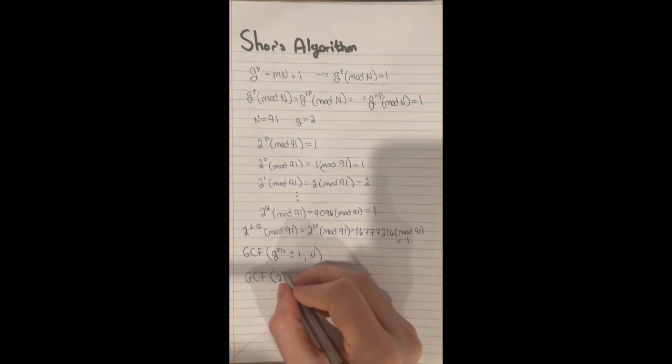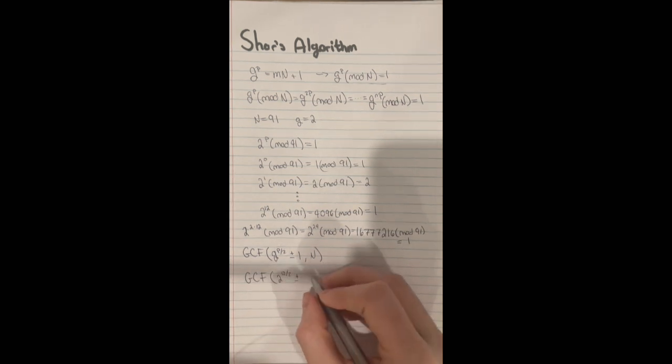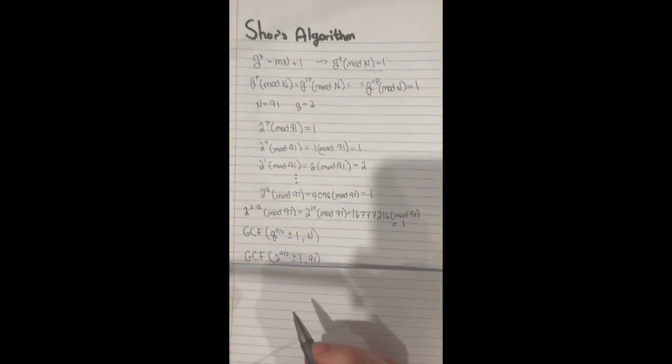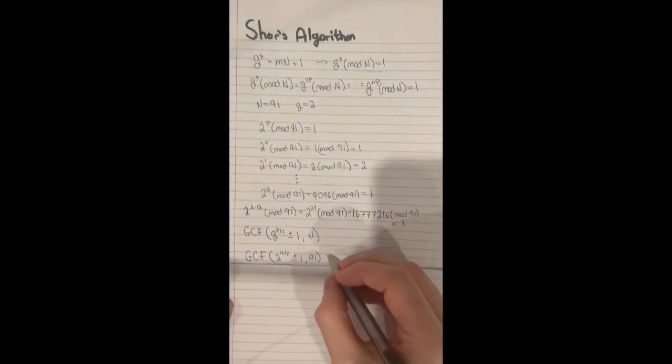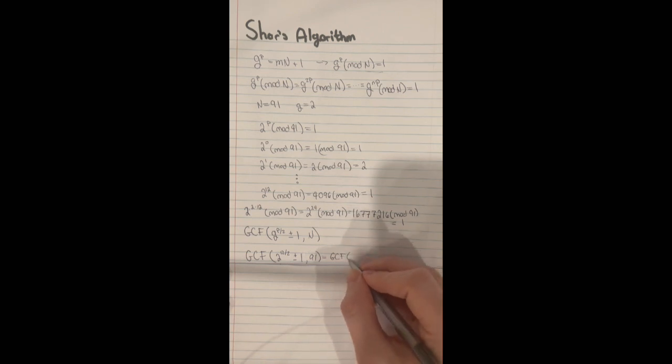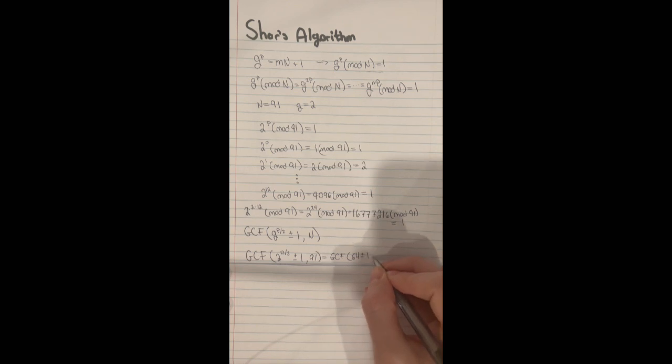So we have 2 to the 12 over 2 plus or minus 1 and 91, where we'll see that 2 to the 12 over 2 is equal to 64, right, 2 to the 6. So we'll have GCF of 64 plus or minus 1 and 91, which we can then use Euler's algorithm to solve.